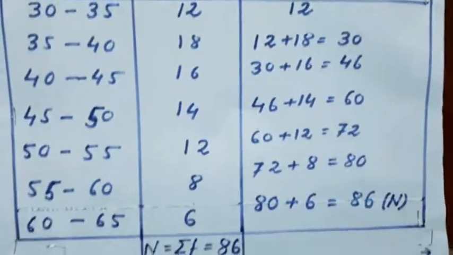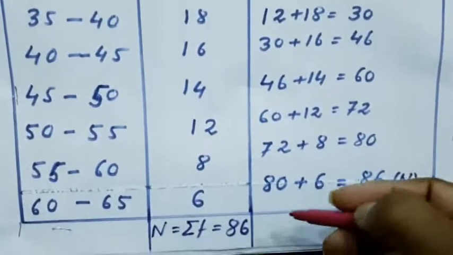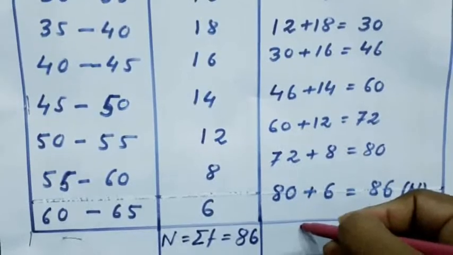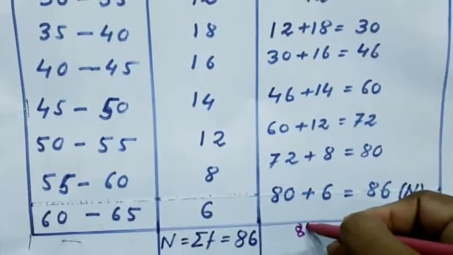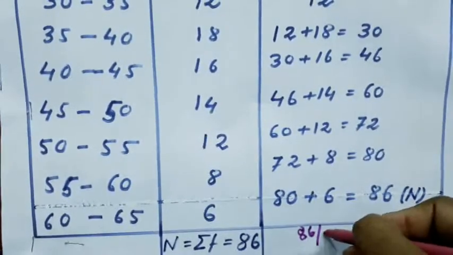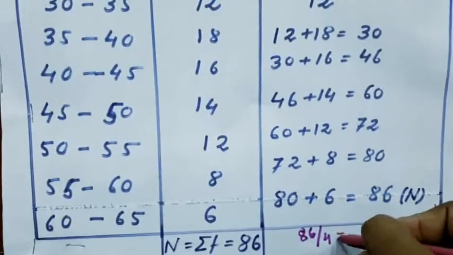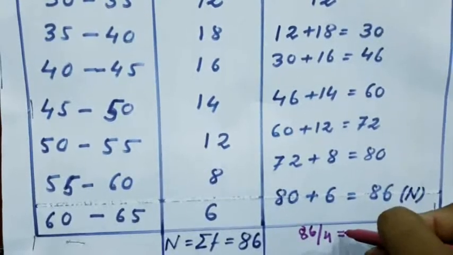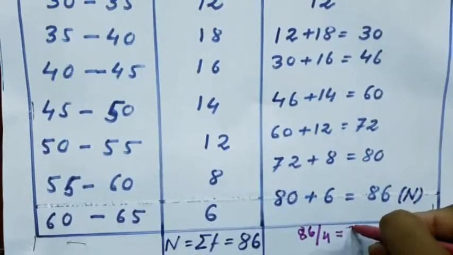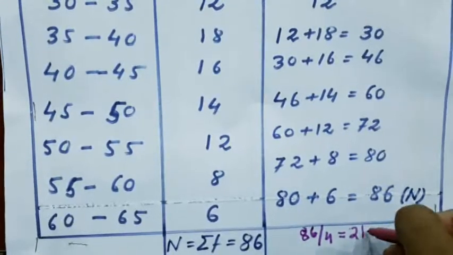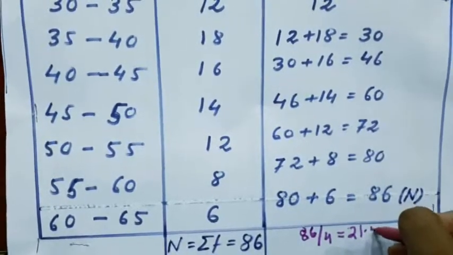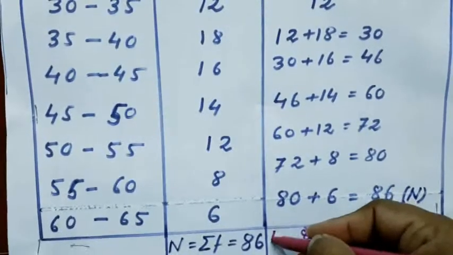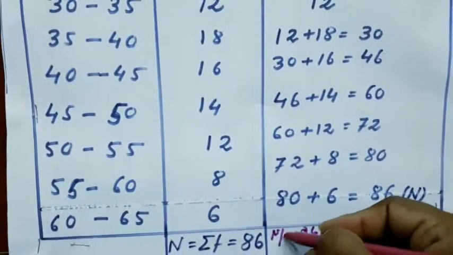It is 86, so n by 4 will be 86 by 4 equals 21.5. This is n by 4.